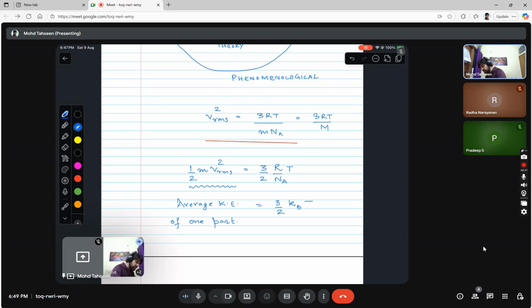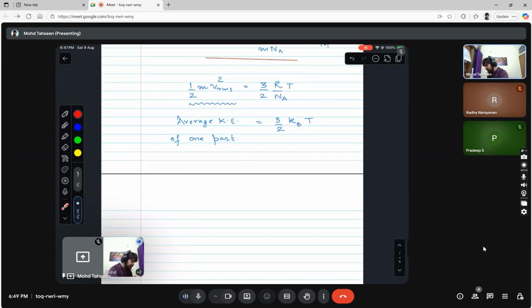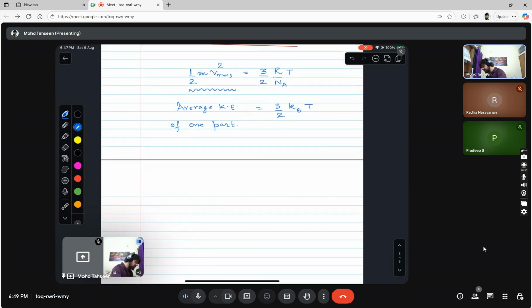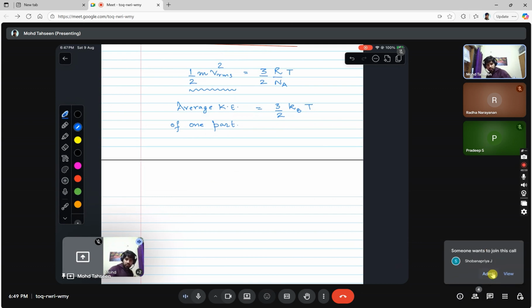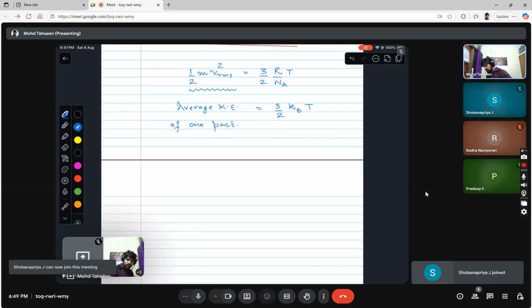This does not depend on pressure or volume or anything. These are constants. So we find that the average kinetic energy of one particle is equal to 3 by 2 Kb, the Boltzmann constant, times temperature.